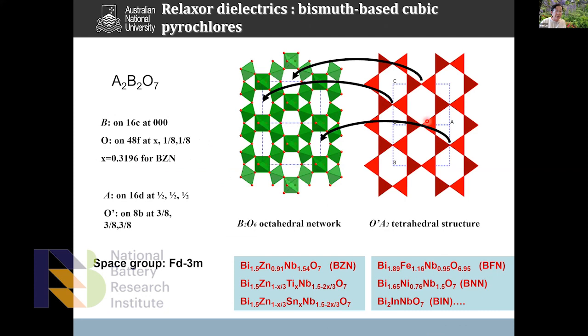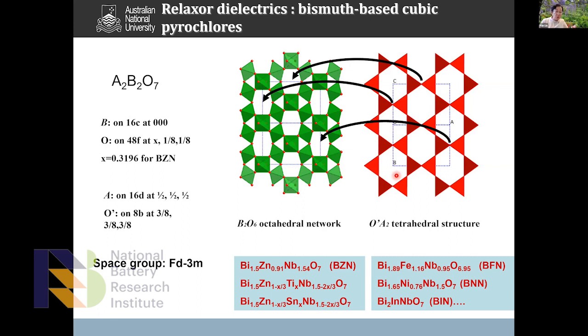So this tetrahedron has a metal in the center, another oxygen in a different position, and then you get A cations corner connected with all these tetrahedra. So these two we call the interpenetrating structure, and these two networks penetrate each other to form the whole structure, okay?